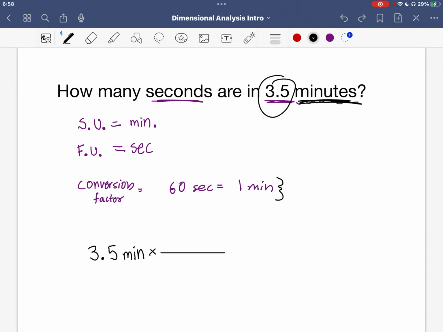Notice the conversion factor is general, not specific to the starting value. So regardless of how many minutes I start with, there's always 60 seconds in a minute. The conversion factor is not dependent at all on this value that I start with.